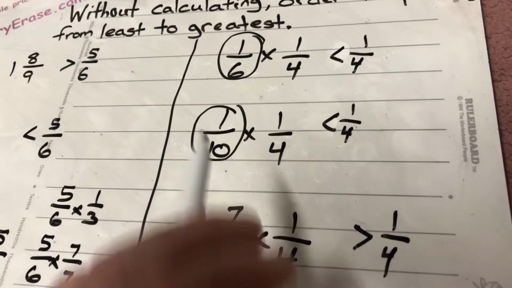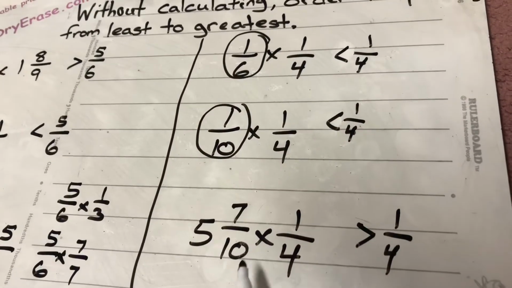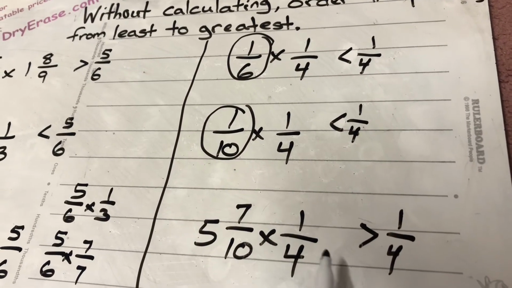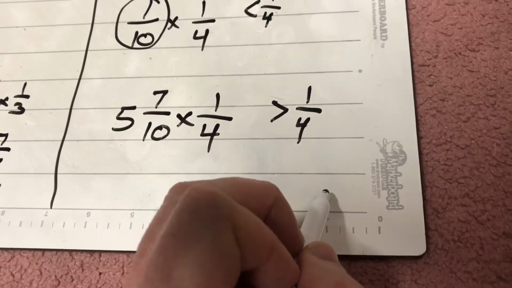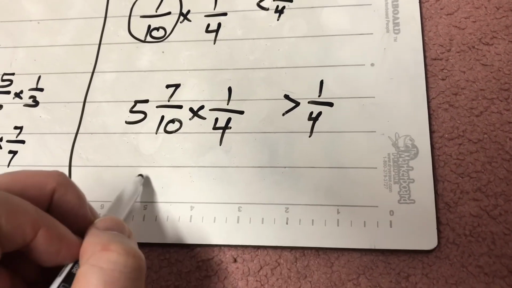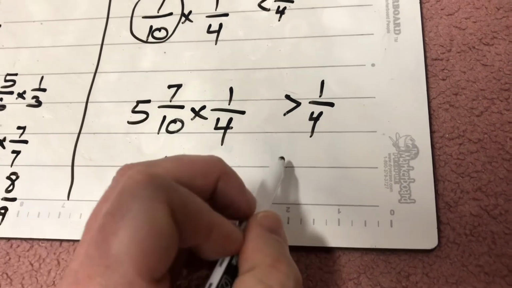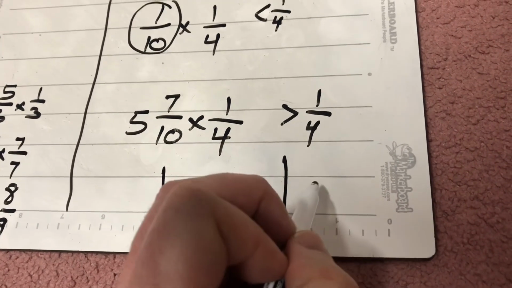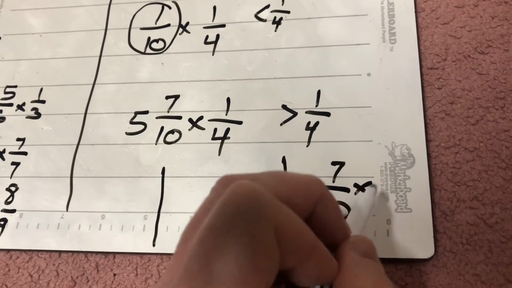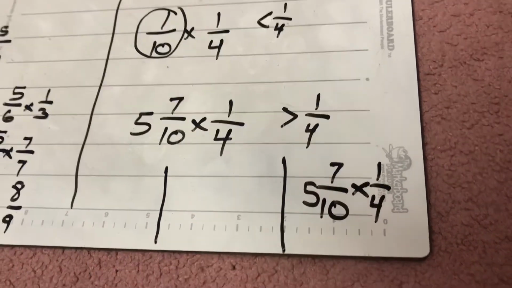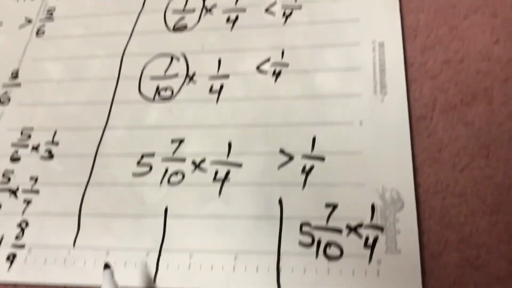The smaller one will be the smallest one. We already know that this is the biggest one because it's going to be greater than 1 over 4. So if I was to actually make a list, I'll put my first one there, my second one over here, and my third one, 5 7/10 times 1 over 4. I know that that one comes last in my least to greatest order.